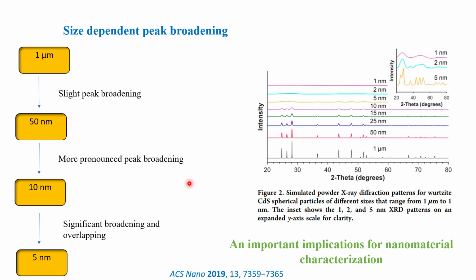After 10 nm, we can even find overlapped and significant broadening of the peak. So it is not that effective to find the size of nanoscale material from the XRD pattern, because of that peak broadening and overlapping of the peaks.